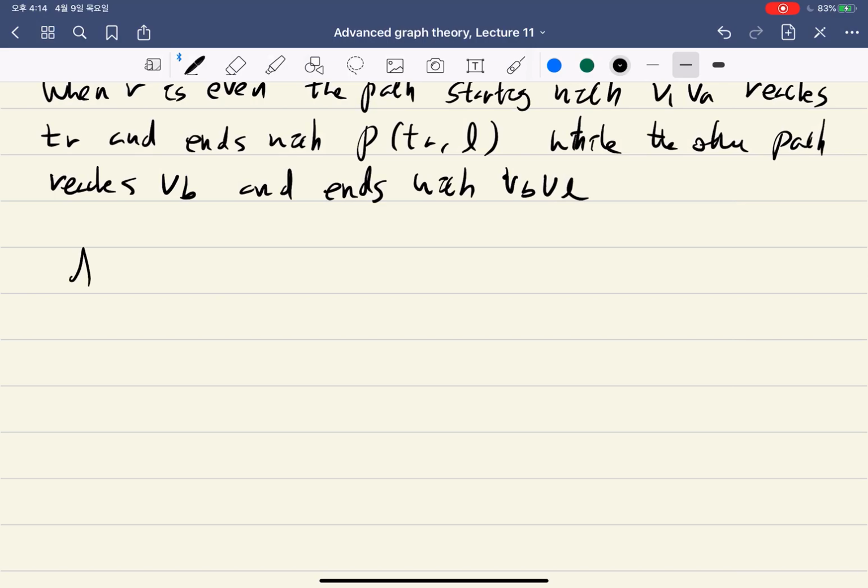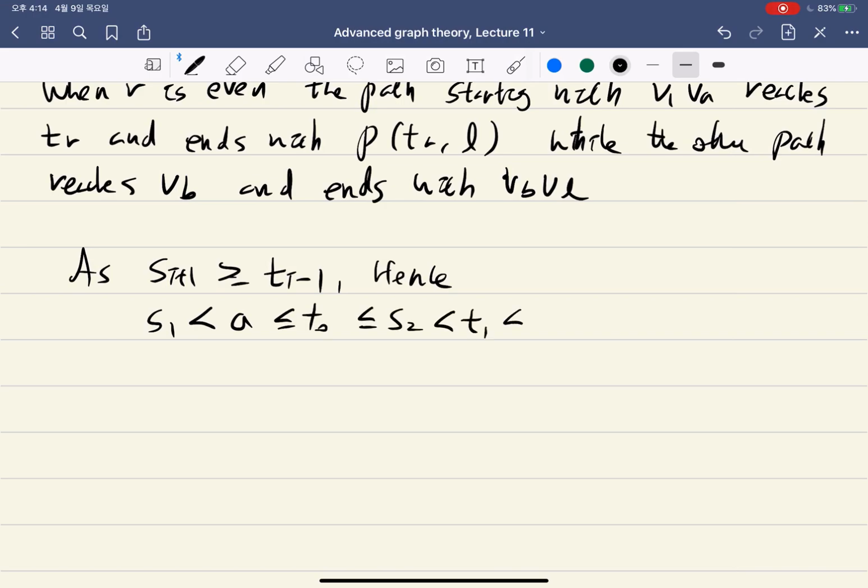As Si plus 1 is at least Ti minus 1, hence we know S1 is strictly more than A, and this is at most T0, S2, T1, S3, T2, TR minus 1, P, TR.